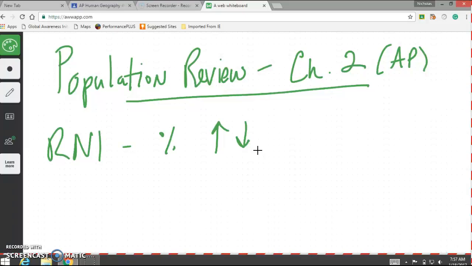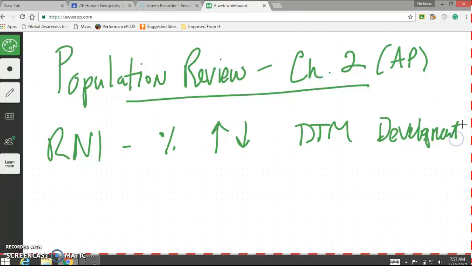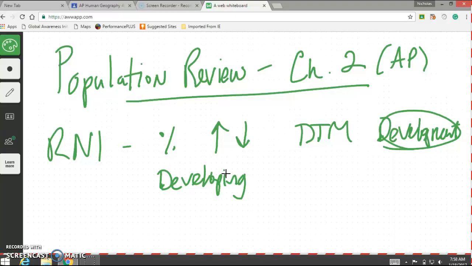And this can help us determine what stage of the demographic transition model it's in, and sometimes even the level of development of the place. Now, we really haven't gotten into development a whole lot, but we do know that places typically in stage 2 or 3 of the demographic transition, we would consider them developing nations.